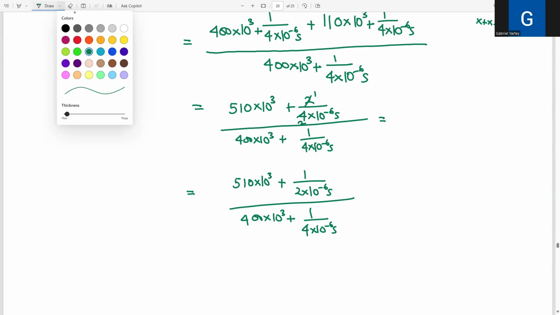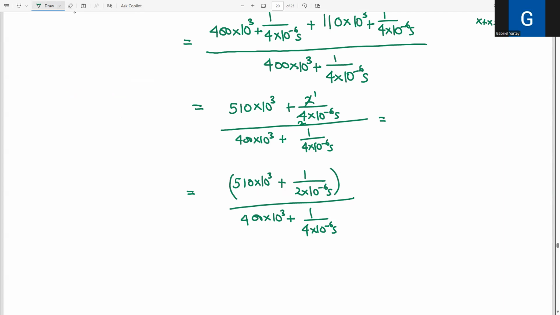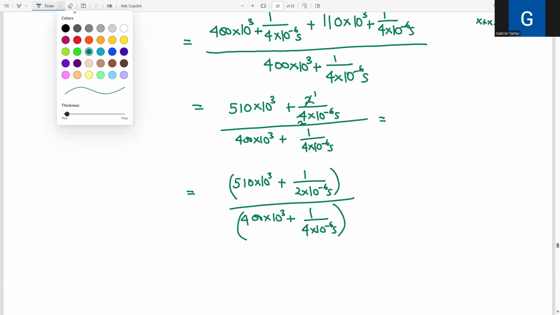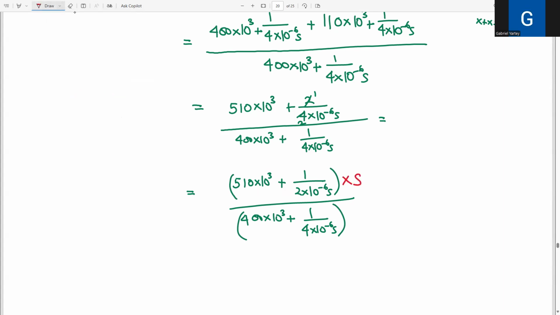I don't want to have the s at the denominator. So I can create and then destroy. I'll create an s here, and I'll create another s here, then destroy the s that I've already created, so that when I multiply by s, I'm actually getting rid of the s at the denominator and bringing it to the numerator.